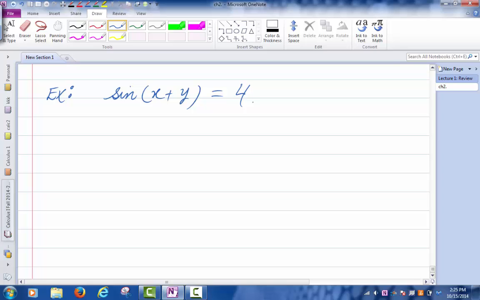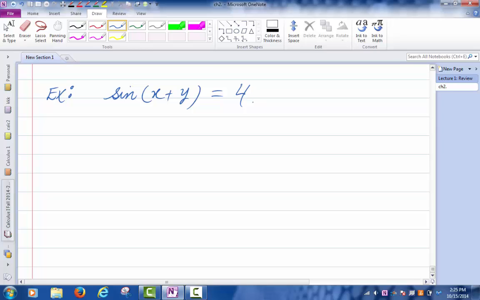If I have that equation, again, the graph of that equation may not represent y as a function of x, but there will be parts of the graph of that equation that may represent y as a function of x.